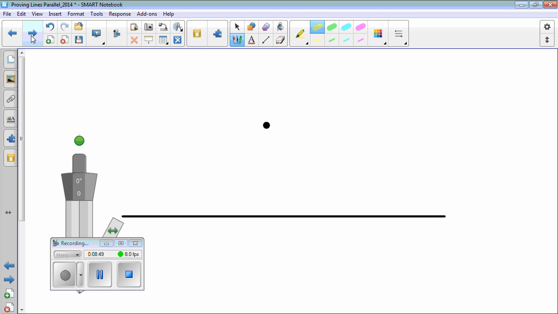We should have one more notebook check before the end of the quarter here. So this is our parallel line construction. Okay. Today's the 9th. Okay. Yes, ma'am.